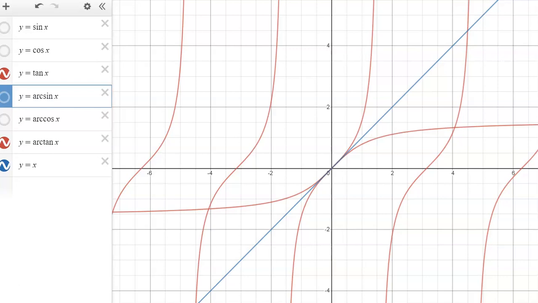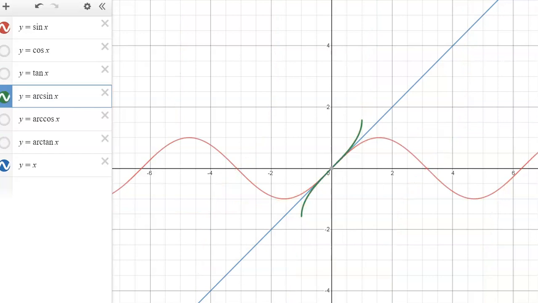When we do reflect that, this coming up to infinity here is going to go over to infinity there, and it just changes from up and down to left and right, just like before. But with sine and arcsine, because this is bound, it's not going up to infinity, then this is bound left and right, and we're just cutting off the repetitions top and bottom.